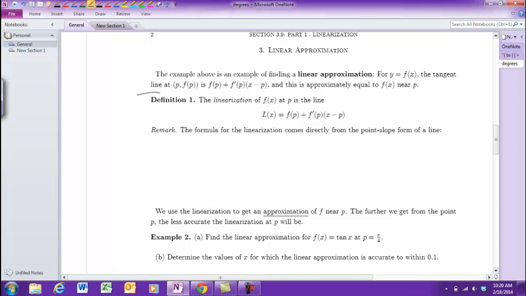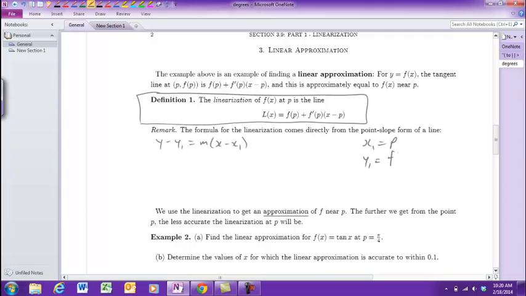And we have this definition right here that the linearization of a function f of x at a particular point p is the line L of x equal to f of p plus f prime of p times x minus p. Now, the funny thing about this is this actually comes directly from the point slope form of a line, which is y minus y1 equals m times x minus x1. Here, our x1 is just the point p. The y value at p, that's our y1, is what you get when you just plug p into the function f.